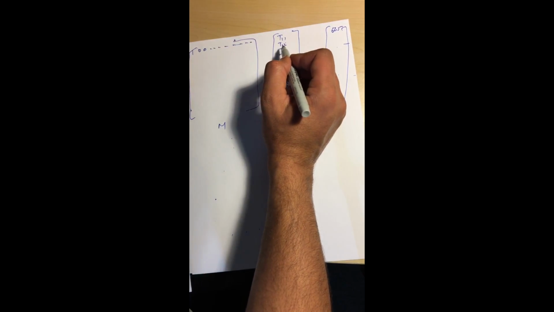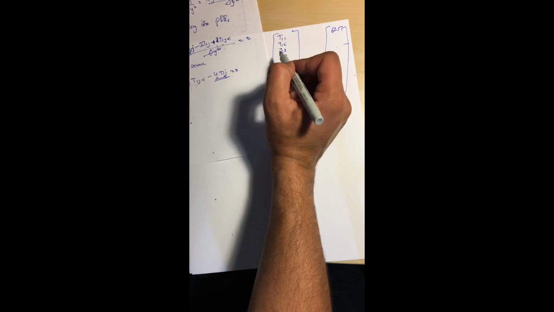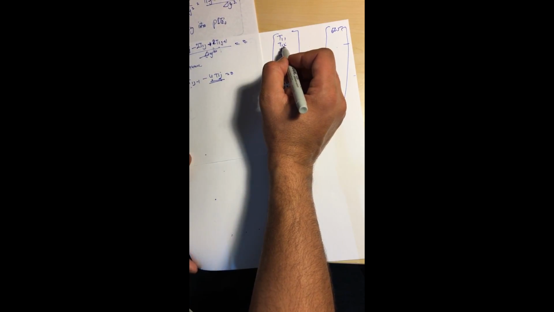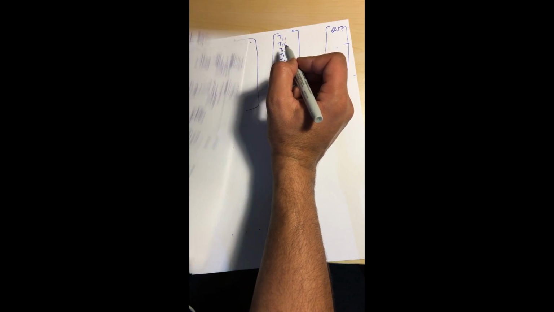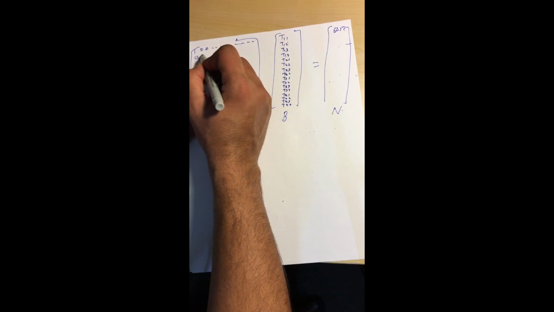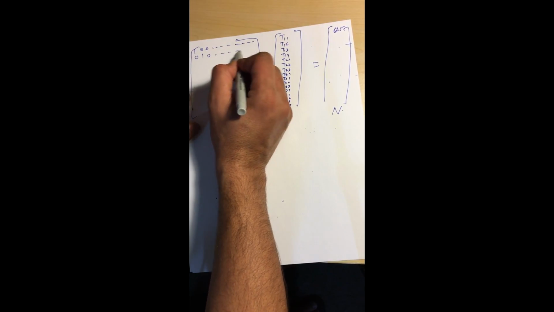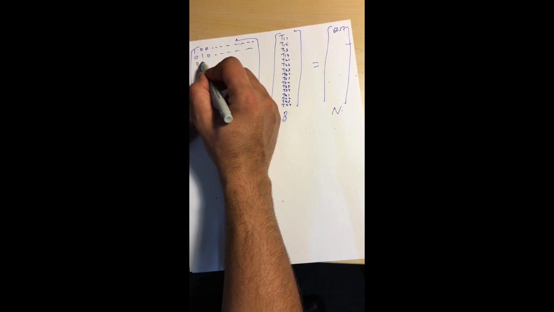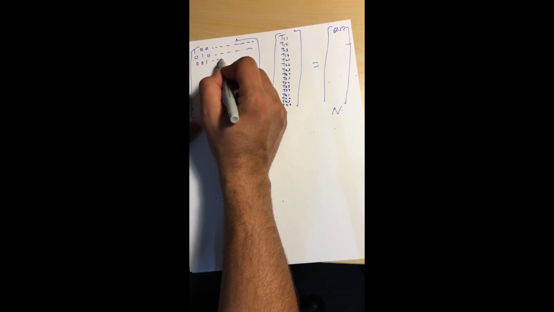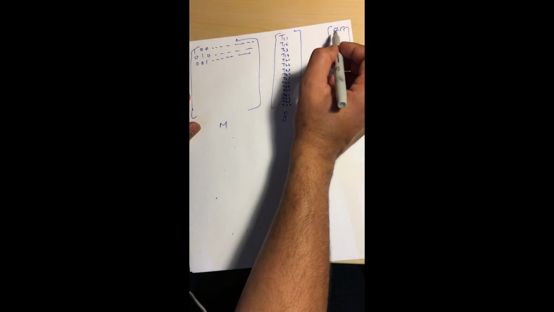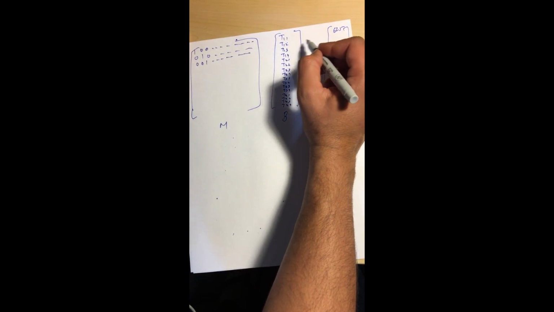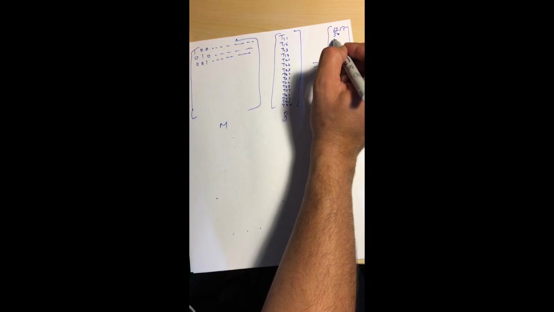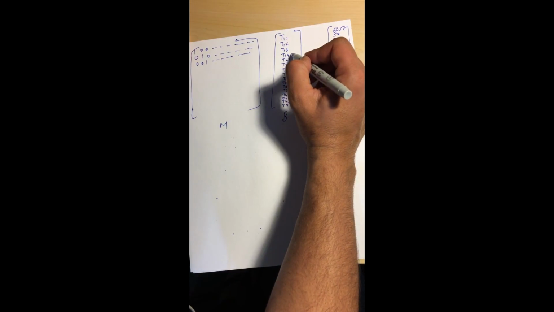At T12, this point is 50, and T13 is also 50. So T at 1,2 will be 50, and this will be 50.